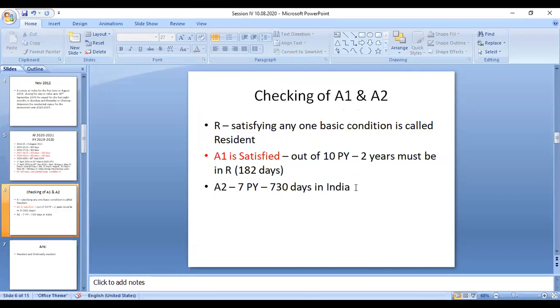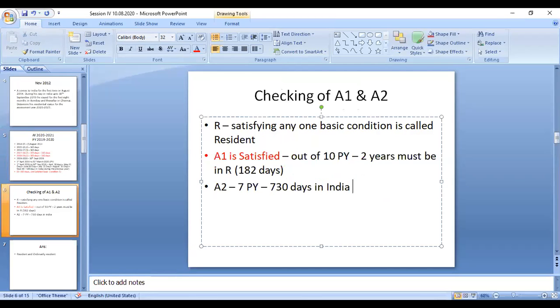So he is satisfying additional condition 2 also. So 730 days of the 7 previous years is satisfied.